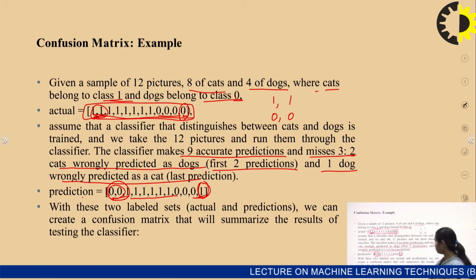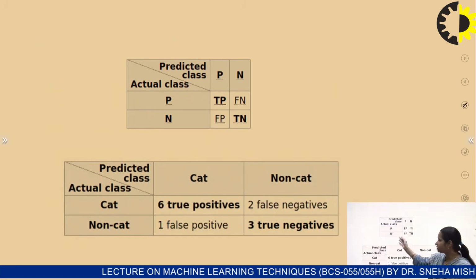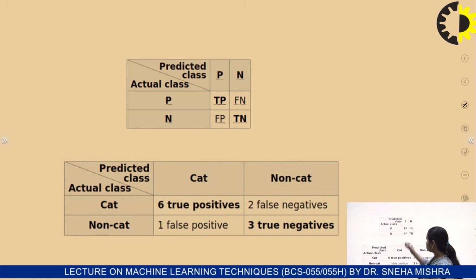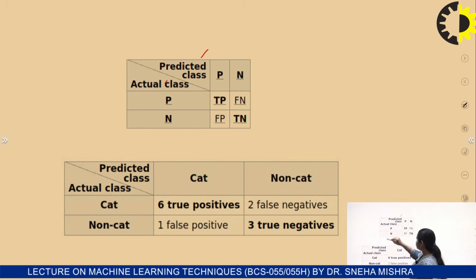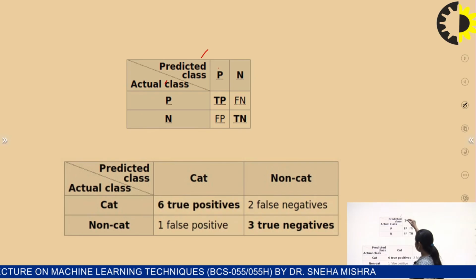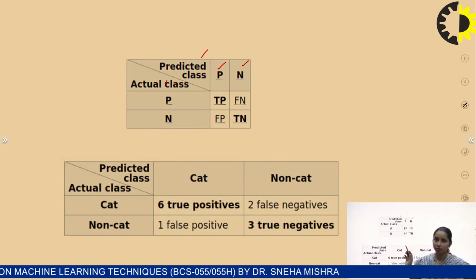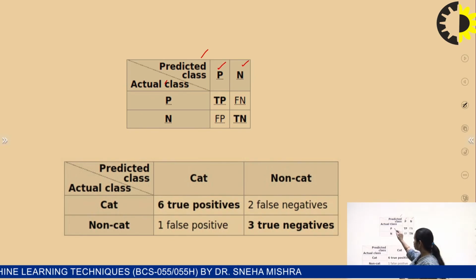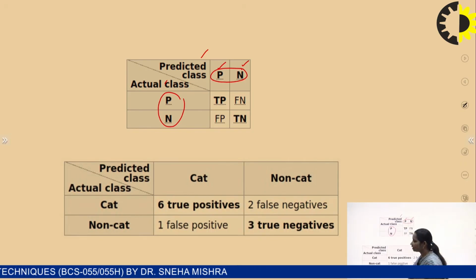With these 2 labeled sets, actual and predicted, we can create the confusion matrix that will summarize the testing of the classifier. So the predicted class and the actual class, both are either positive or negative. In the case of the actual class, it is positive and negative. In the case of the predicted class, it is also positive and negative.